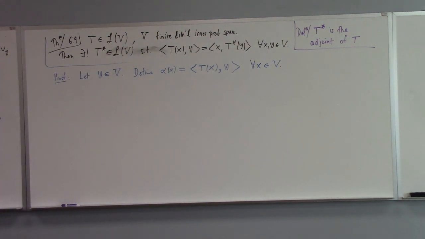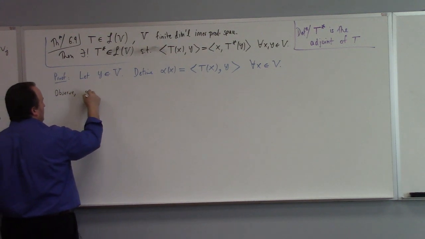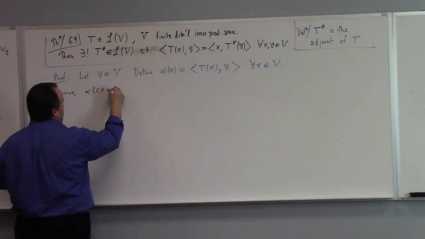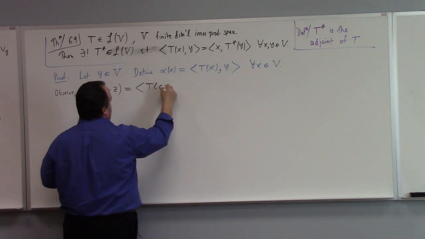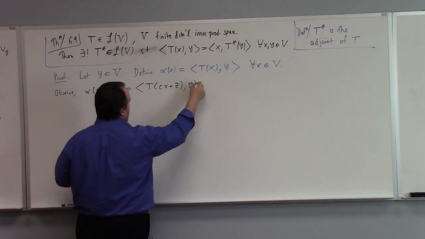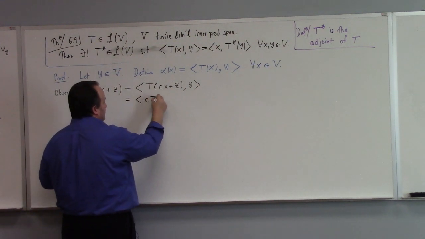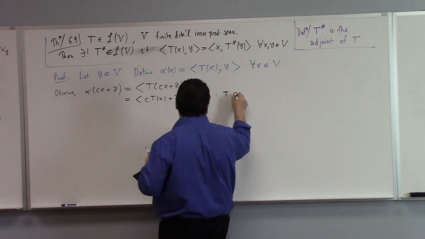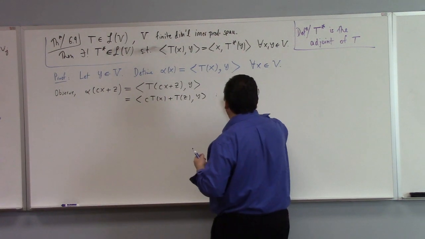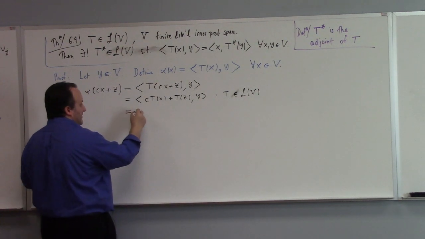So we can show that this alpha is linear. Let's do that. If we look at alpha of, let's say, cx plus z, then by definition that's the inner product of T of cx plus z, comma y. Since T is linear, we've got c T of x plus T of z. And then by the properties of the inner product, we can pull the constant out.